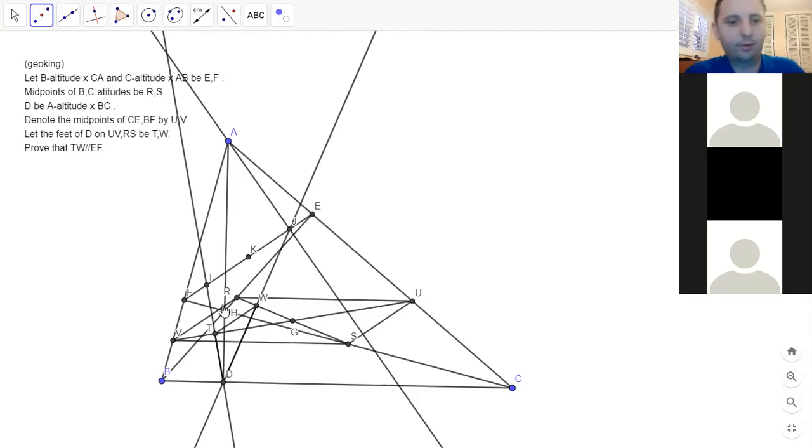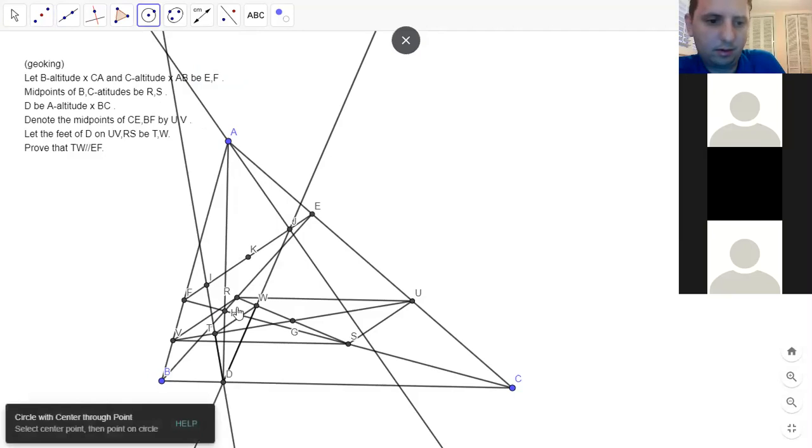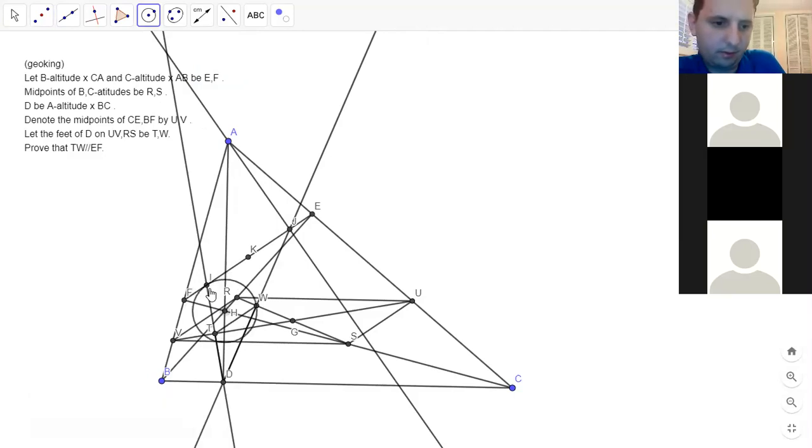H is the in-center of DEF, right? Yes, and A is the ex-center of DEF. Okay, it's that duality. Interesting.